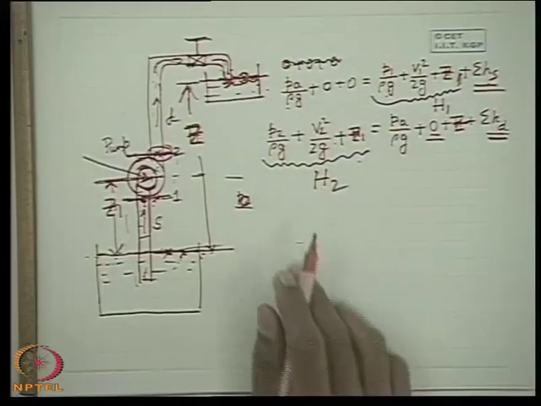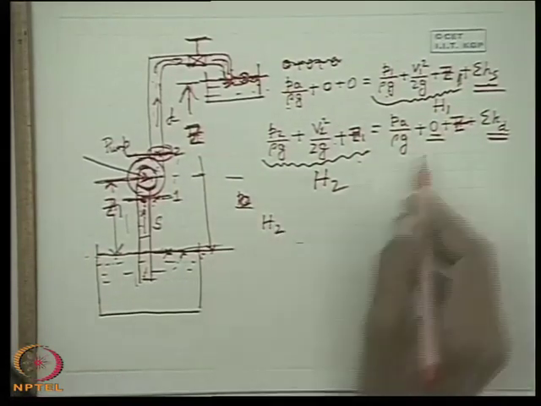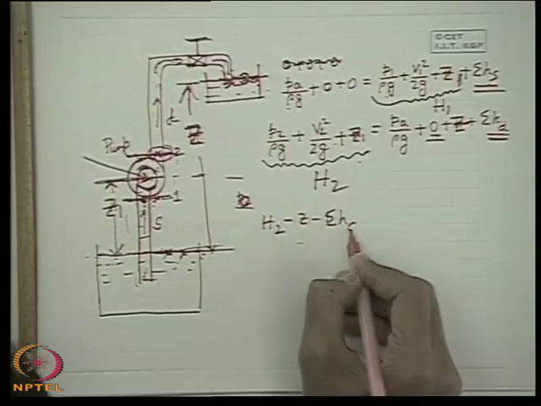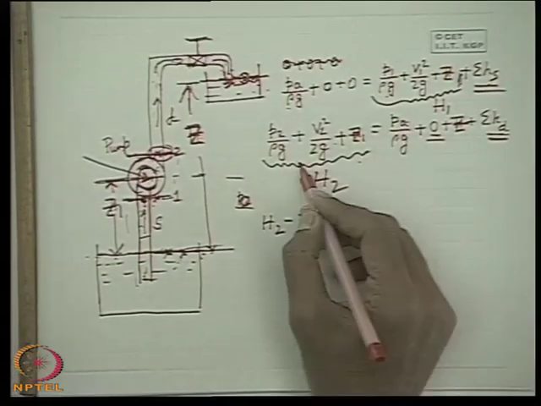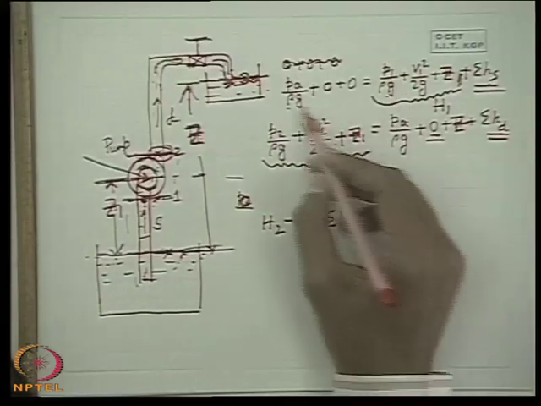Then what can I write? Please tell me. So then I can write H2 minus Z minus sigma HD, which is equal to PA by rho g. H2 minus Z minus sigma HD is PA by rho g.